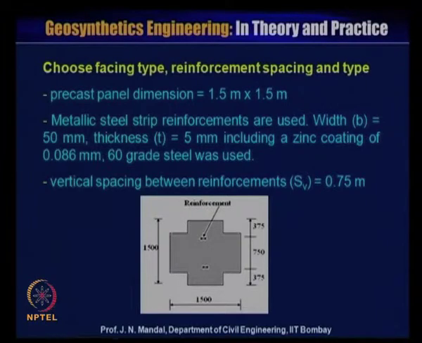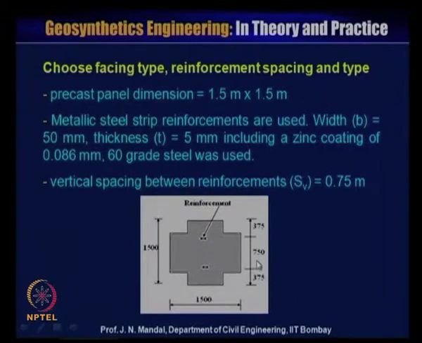So, width is equal to 50 millimeter, thickness of the metallic strip reinforcement is 5 millimeter, including a zinc coating of 0.086 millimeter, and 60 gauge steel was used. Vertical spacing between the reinforcement, SV, we consider 0.75 meter.